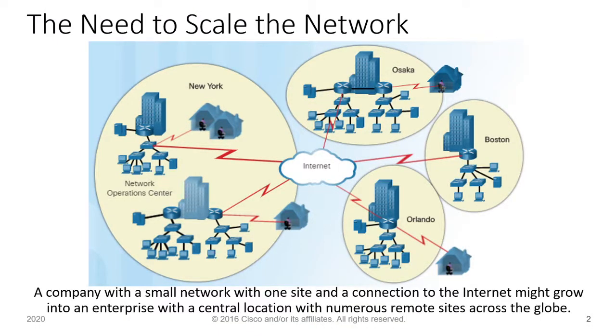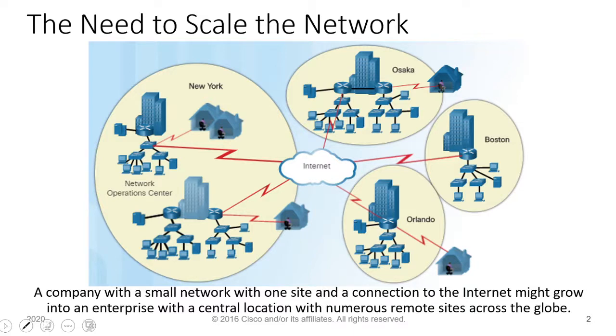Then another important thing, as I said, is what type of interconnections we may need. Again, when organizations are scaling up and growing, they may now need to connect to a number of different sites.